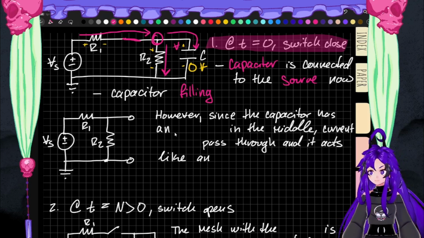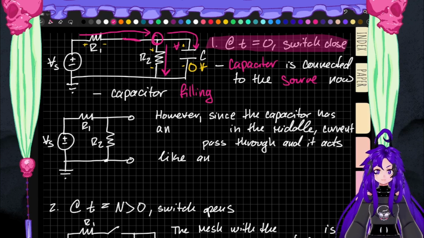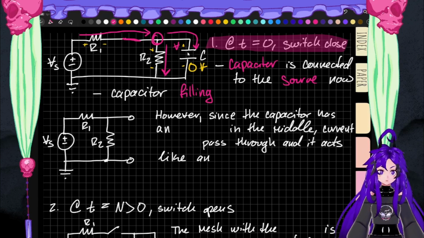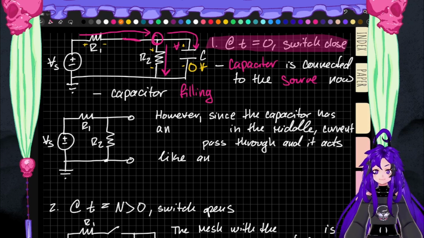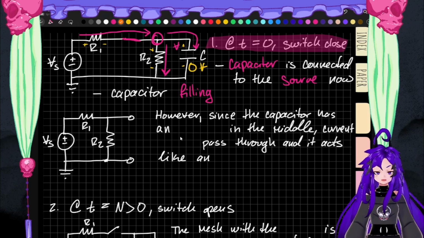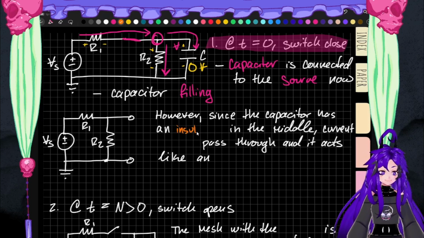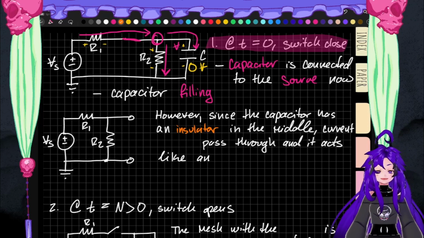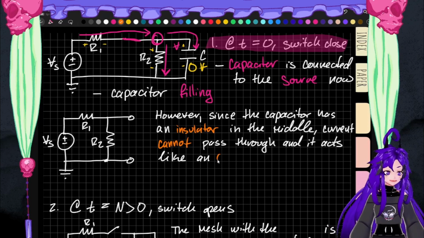We do not have a current going through this, since the capacitor is an insulator in the middle, the current cannot pass through it, and it acts like an open circuit.